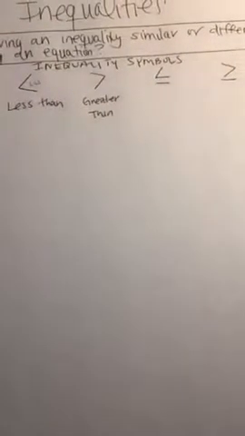And then this one again, I can write my less on there. So this is less than or equal to. Okay, and then this one here would be greater than or equal to.